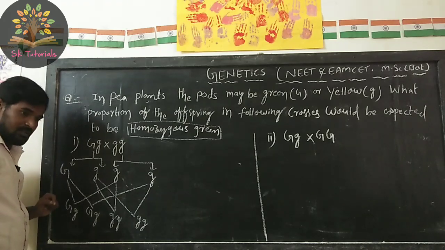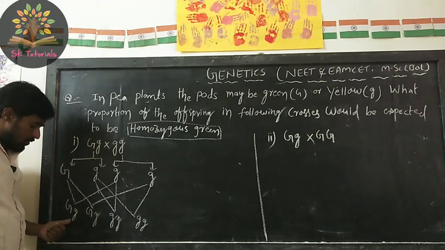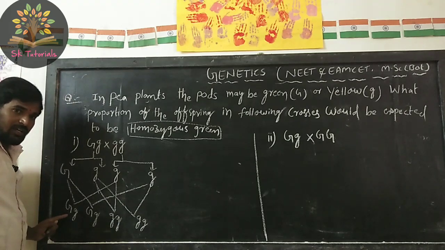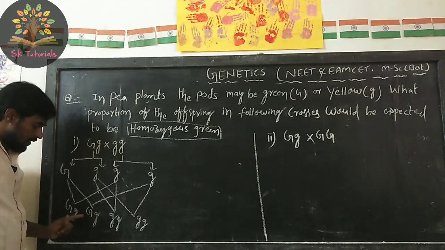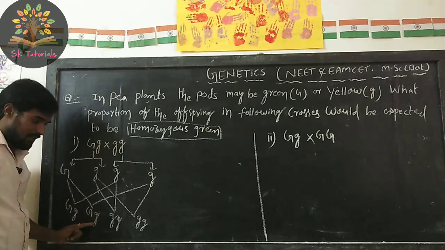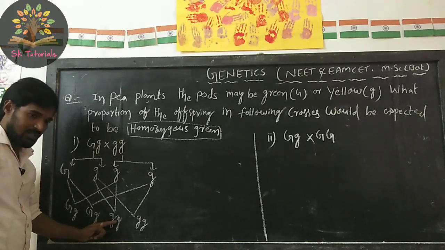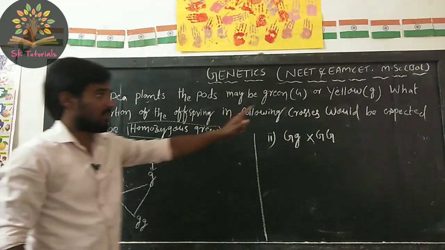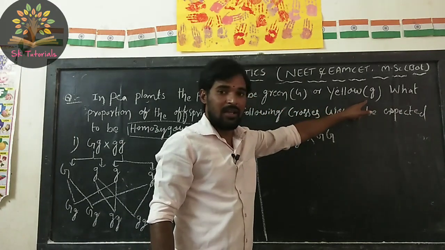See here, this one, homozygous or heterozygous? This is heterozygous green. What is this? Capital G, small g, heterozygous green. But small g, small g, what is small g? Yellow.